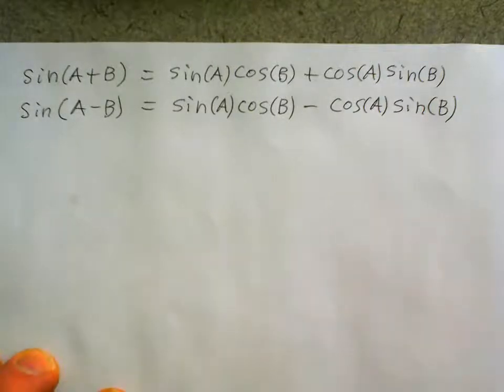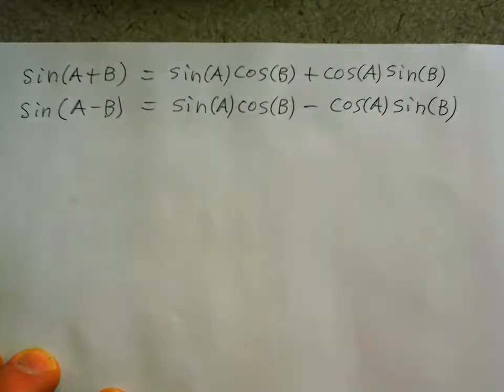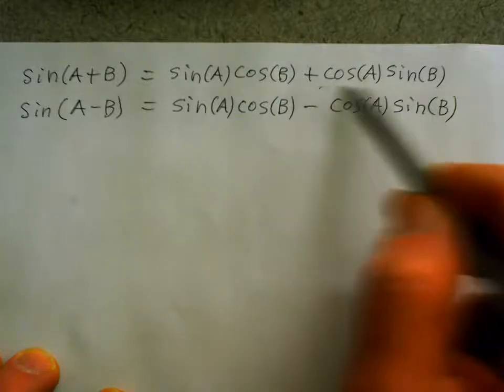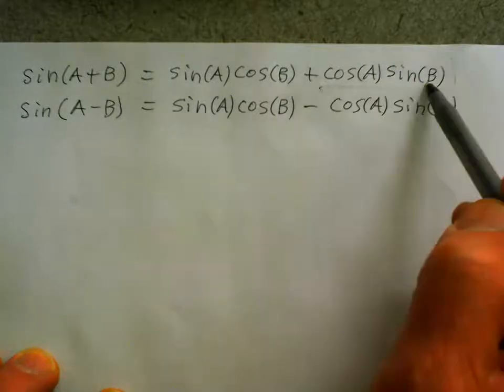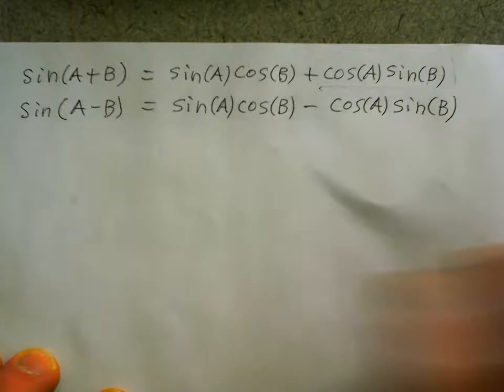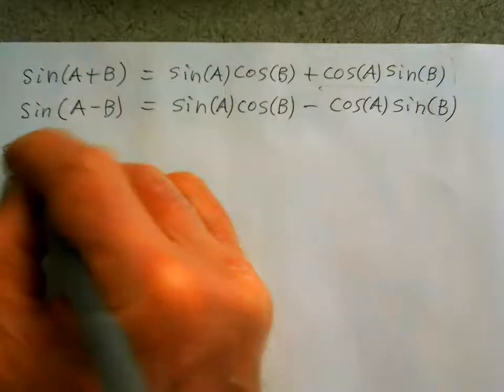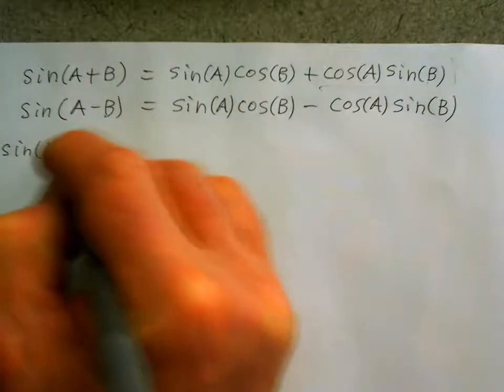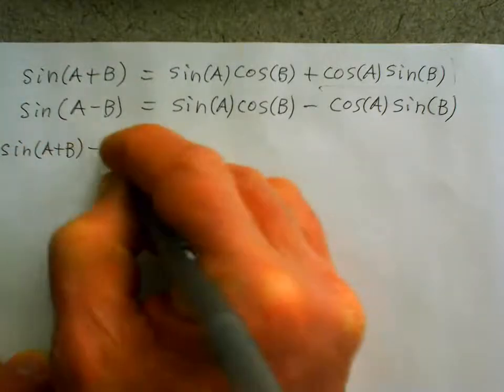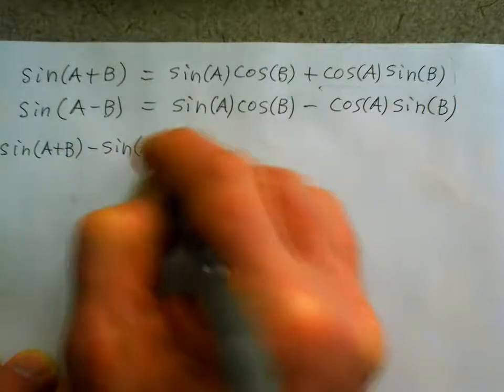So on this part, the integrand is cosine of 7x times sine of 3x. So the integrand has this form, cosine of a times sine of b. So if we subtract the bottom equation from the top equation, we'll get sine of a plus b minus sine of a minus b.